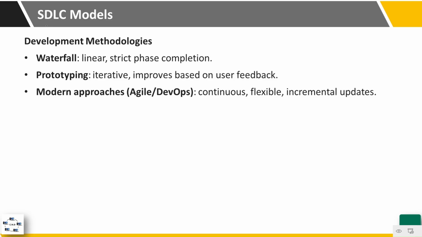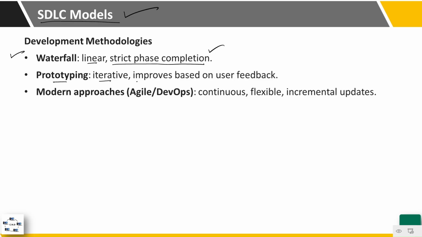Now coming over to software development life cycle models: how do we develop software through different methodologies or different software development life cycle models? The development methodologies include the waterfall. The waterfall is linear with strict phase completion. We will study waterfall in detail in upcoming slides. Then we have prototyping, which works in an iterative manner.